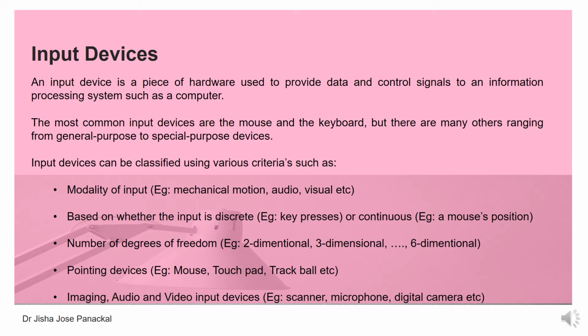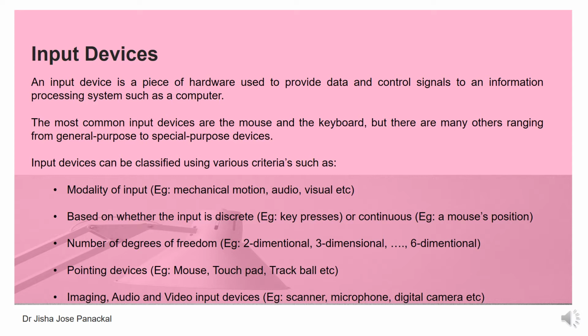That is, we have two-dimensional devices, three-dimensional devices, up to six-dimensional devices, 6D devices. There is another category called pointing devices, which include mouse, touchpad, trackball, etc. And we can classify input devices based on imaging, audio and video devices.